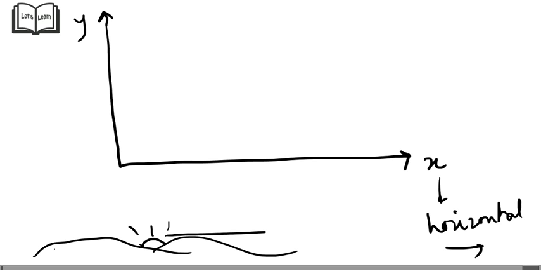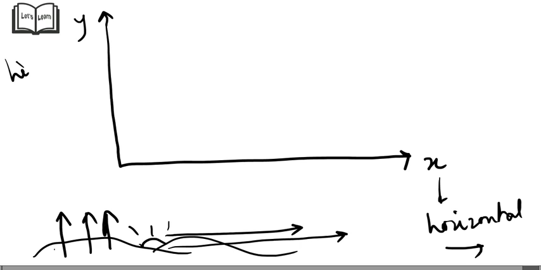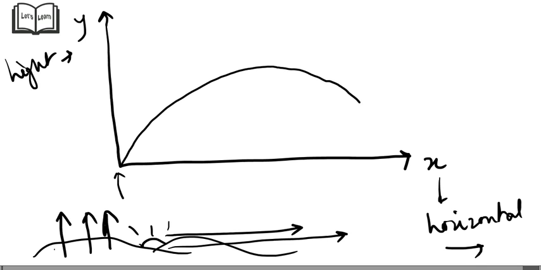This distance, the path along the ground, is x, and the height is given by y. So y is the height. When you throw, let the origin be the point where you throw an object up in the sky. Suppose you throw a stone, it goes up and then falls down.